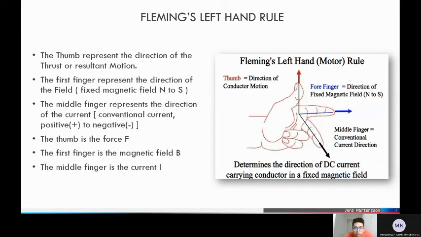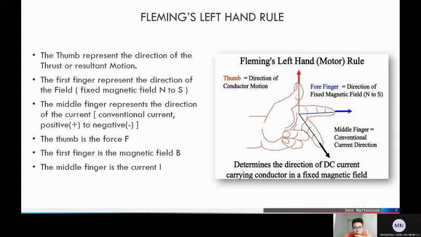My name is Muhammad Amir Fikri bin Azmi, and I will present about Fleming's left-hand rule. We can see the diagram at the right. For Fleming's left-hand rule, we can use our left hand like this. The thumb represents the direction of the thrust or resultant motion.